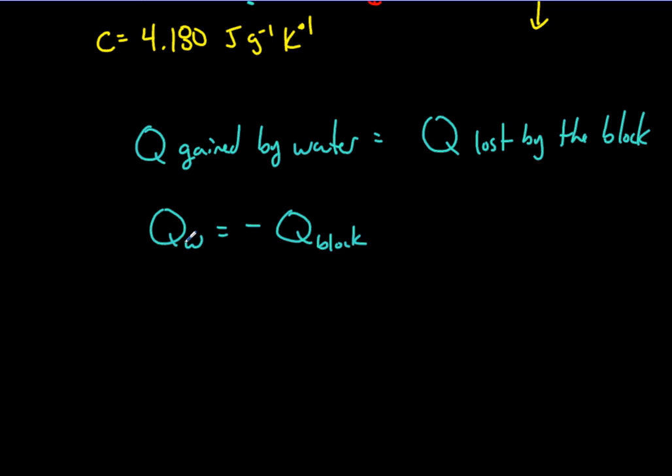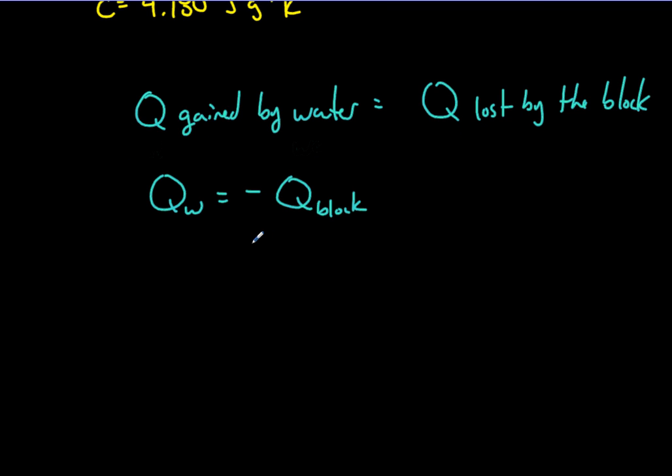Although temperature is not a vector, it can go in either the positive or the negative direction. So the magnitude is the same, but the direction is different. We have to put that negative sign in there because if we want these two things to be equal, we have to take the loss and turn it into a gain. Do you see what I'm saying? Without this negative, you'll get a negative answer at the end, which you'll realize isn't right, and you'll fix it.